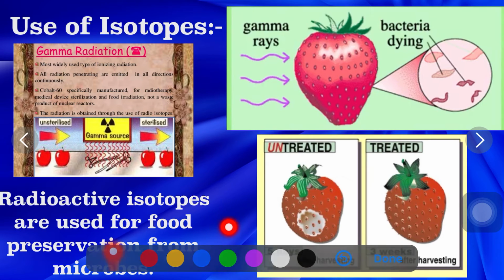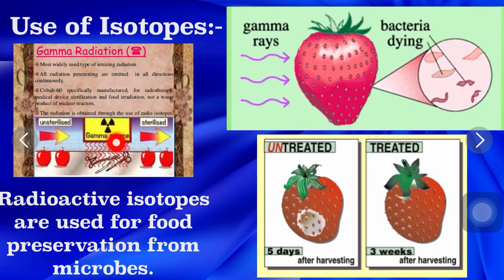Even the radioactive isotopes are used for food preservation from microbes. Student, this process is called food irradiation. It is a safe physical means of food processing and preservation similar to methods such as refrigeration, freezing, canning, heat treatment. Food is exposed to a prescribed dose of high energy ionizing radiation in an enclosed system for a specific span of time.